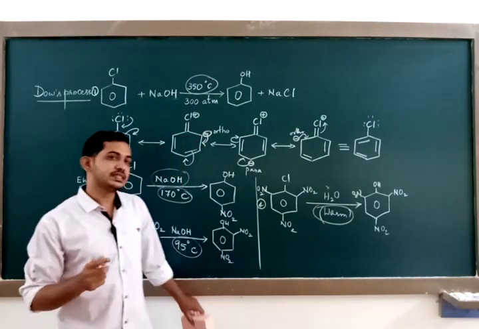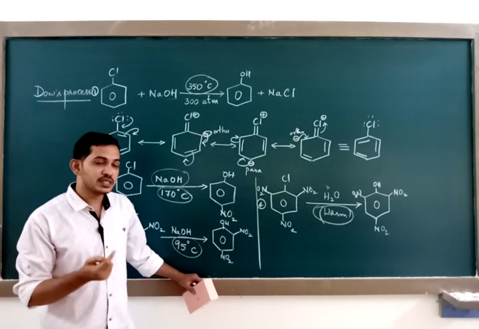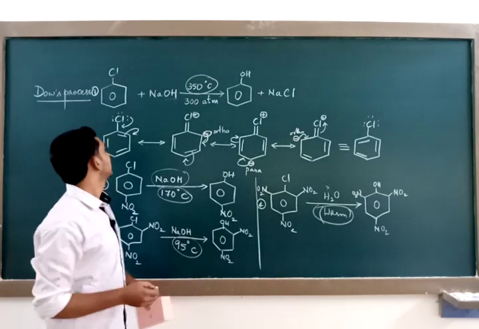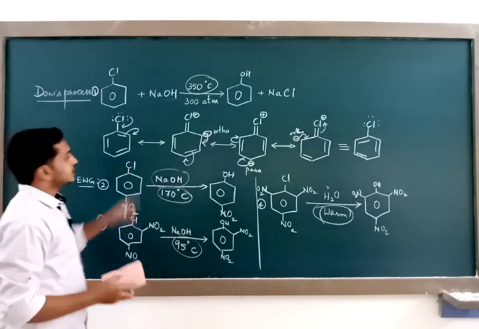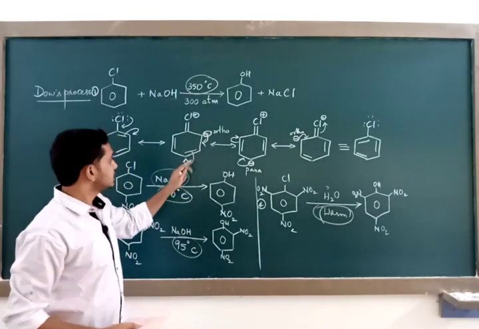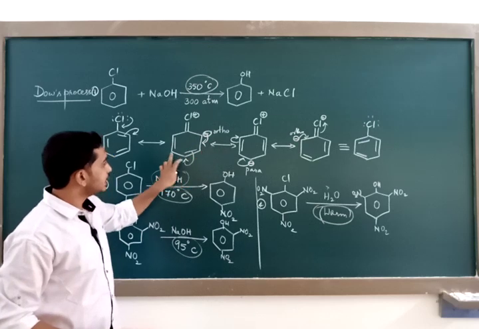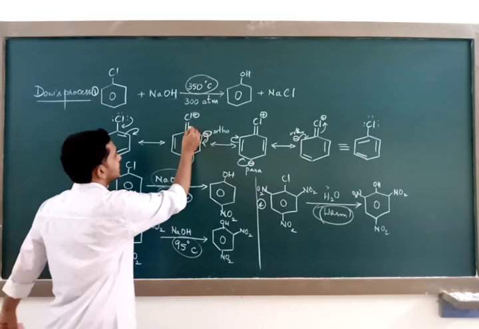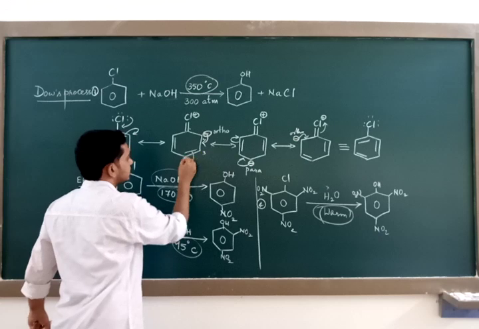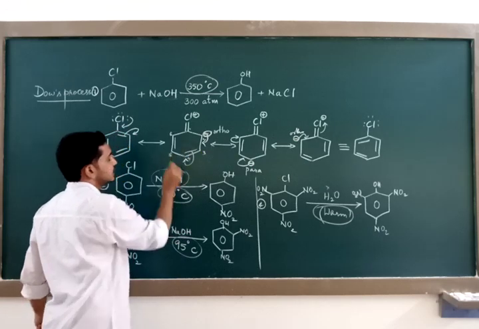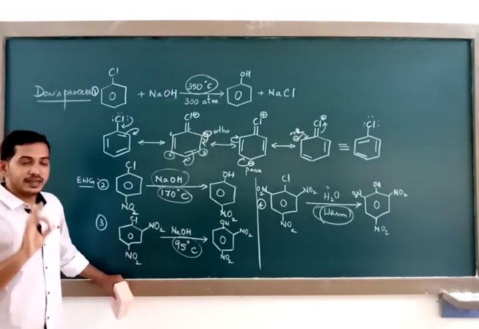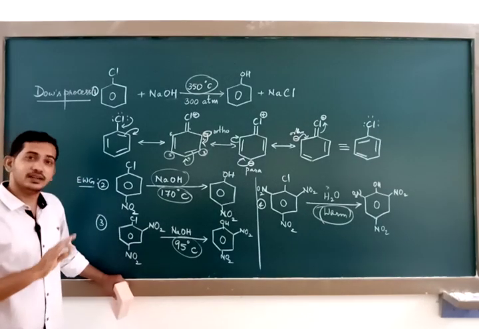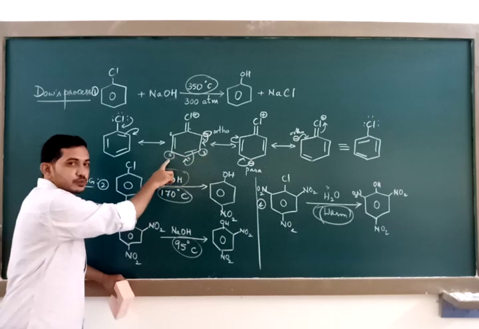What happens if the same electron withdrawing group is present at meta position? I mean at this position. Notice that in the resonance structures, the negative charge never appeared at these two positions. If I number this as 1, 2, 3, 4, 5 and 6, it never appears at 5 and 6. The negative charge, that is electron density, never appears at 3rd and 5th positions.